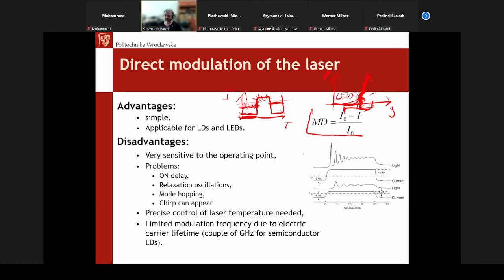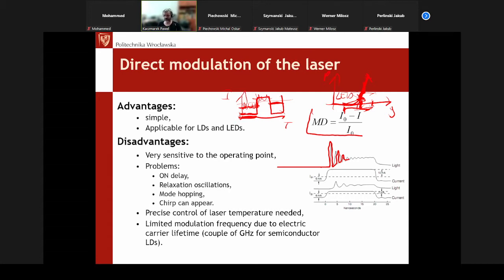Other problems connected with this direct modulation of the laser: you can see such a behavior of a laser. If you are turning on the laser, you can have at the beginning of the light pulse some relaxation oscillations. They can appear. It doesn't always happen, but for some laser designs, it may happen.